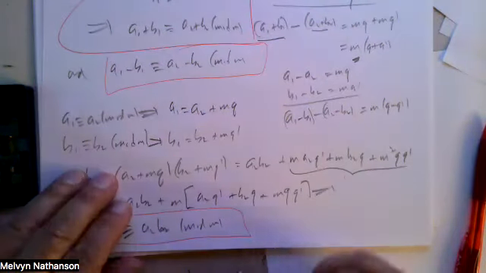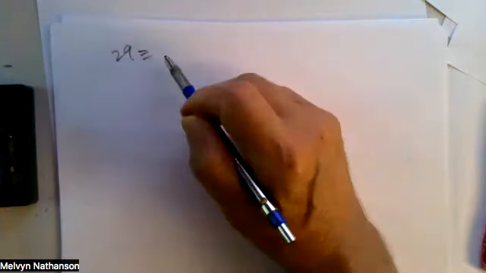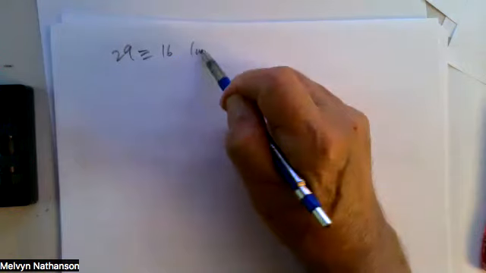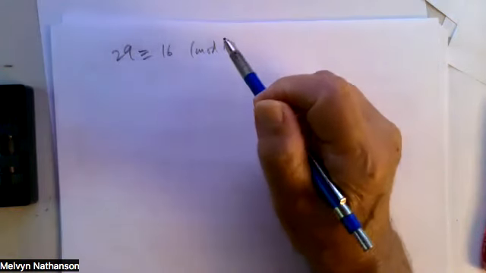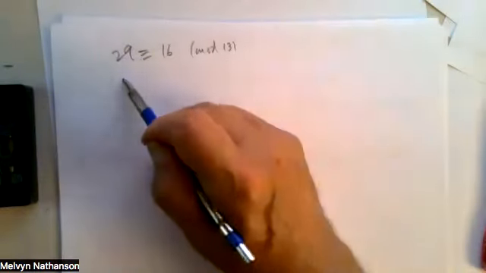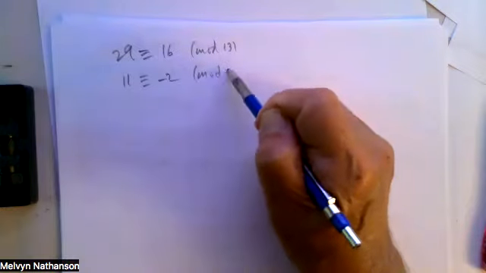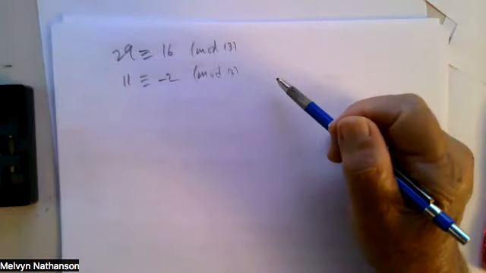So let me just give a numerical example of this. We have, let's say, 29 is congruent to 16 mod 13. And 11 is congruent to minus 2 mod 13, right?